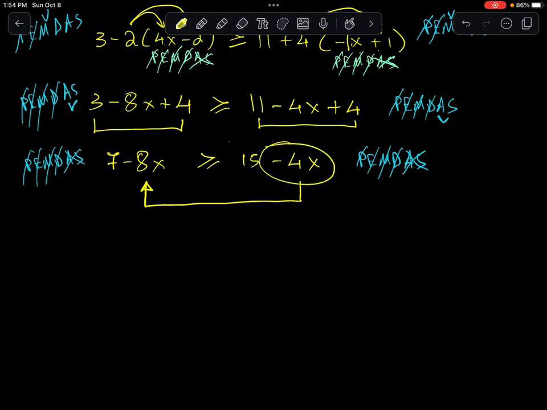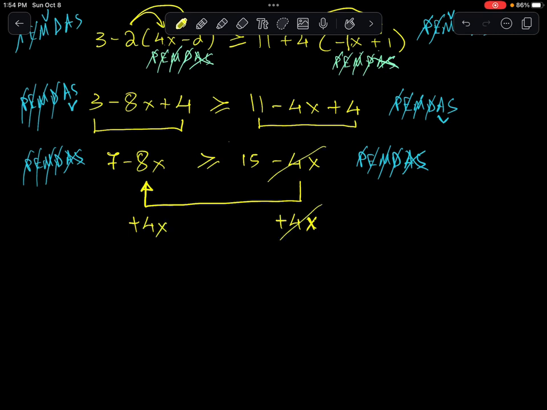First I need to eliminate the negative 4x from the right. I do that by adding the opposite, and the opposite here is a positive 4x. But because those are properties of the inequality, I have to do the same on the left hand side.